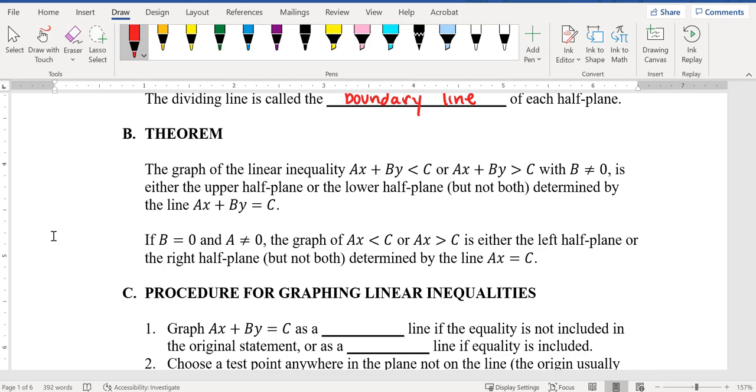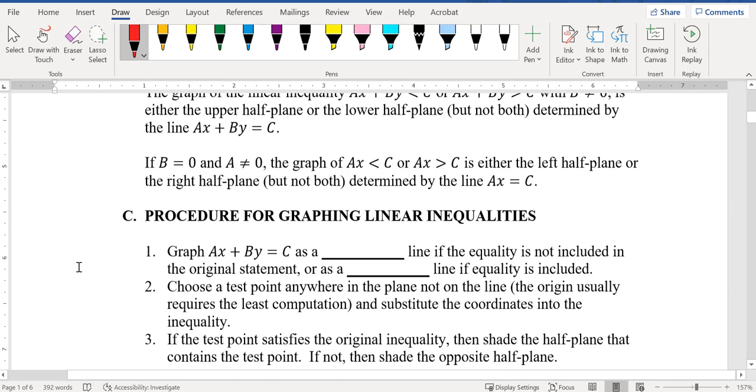That's determined by the line ax plus by equals c. If b equals 0 and a is not equal to 0, then the graph of ax less than c or ax greater than c is either the left half plane or the right half plane, but not both. That's determined by the line ax equals c.